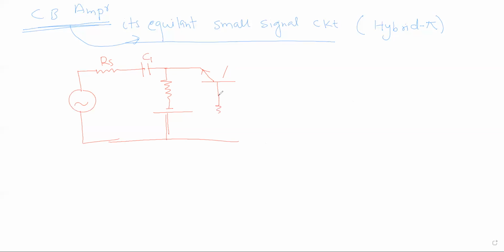Here there is a base resistance, and one more capacitor that is known as the bypass capacitor. Why do we use a bypass capacitor over here? The bypass capacitor is used to bypass the AC.